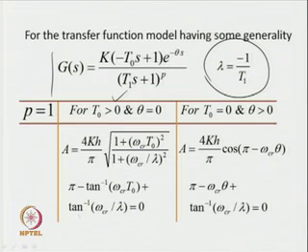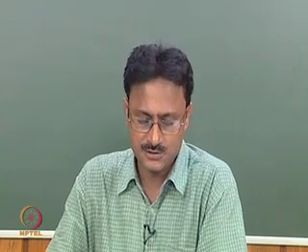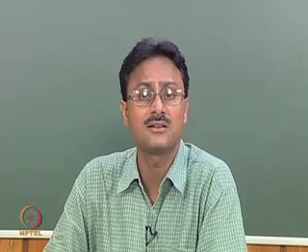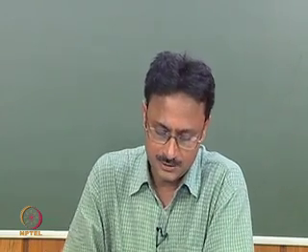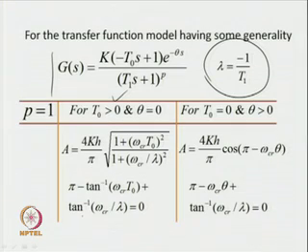So, for those models one can establish equations or relations using describing function for the relay control system, and the set of equations can be obtained as the peak amplitude can be given as A equal to 4 k h upon pi times root of (1 plus (omega CR T0) square) upon (1 plus (omega CR upon lambda) square).